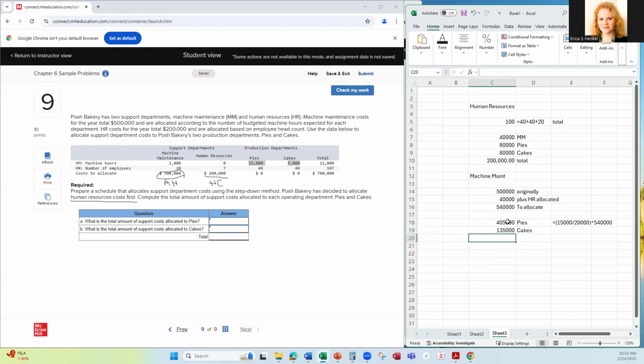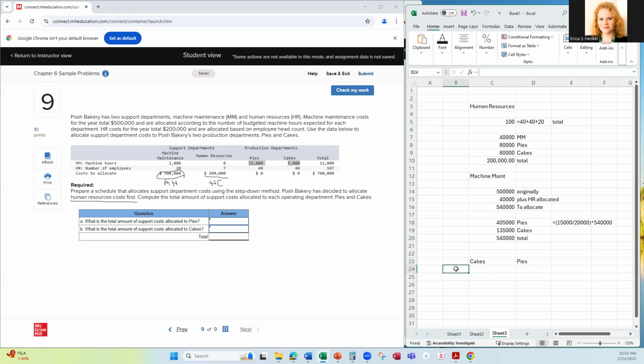So we're going to assign a 405,000 plus 135,000. And so when we add that up, that gets us to our 540,000.